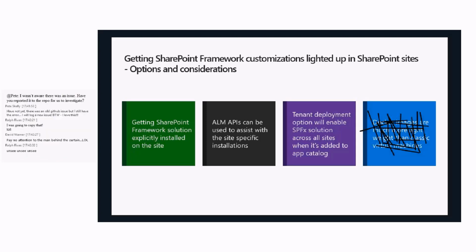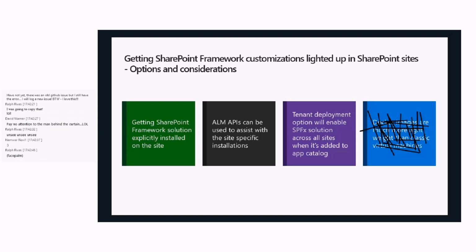Extensions, right? So SharePoint Framework solutions in general. Now, there are two main ways of getting the SharePoint Framework solutions deployed on your tenant. There's an option of installing the solution to a site, or then you do the tenant deployment option. The tenant deployment option basically means that your customization is immediately available within the sites whenever it has been deployed to the app catalog.